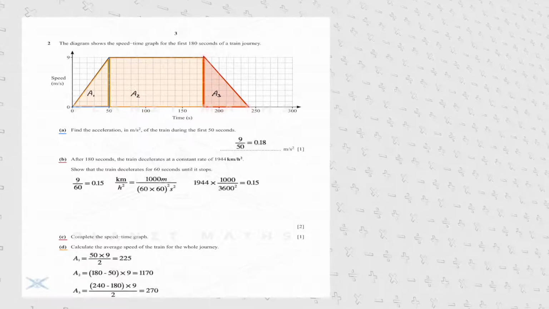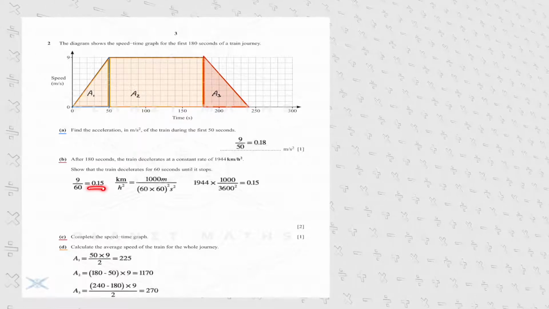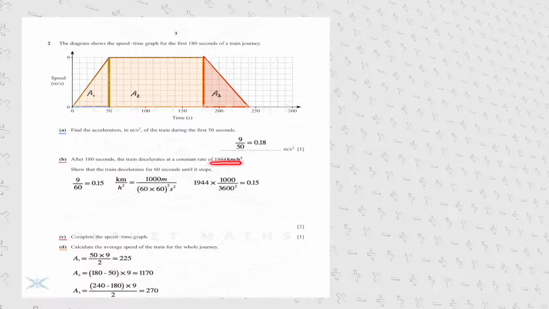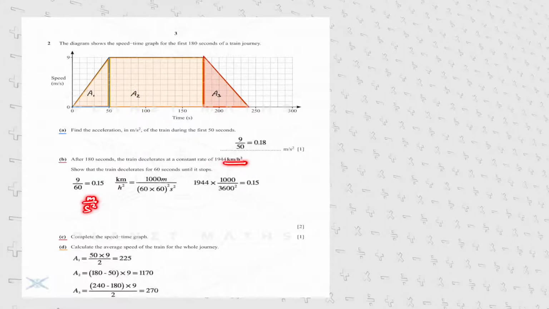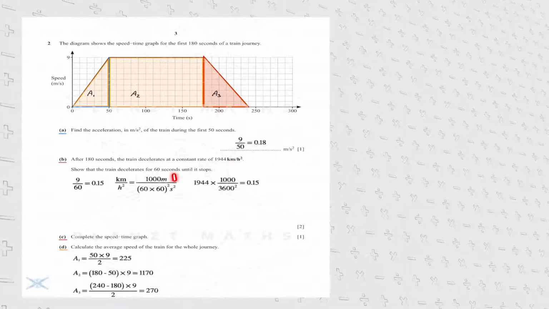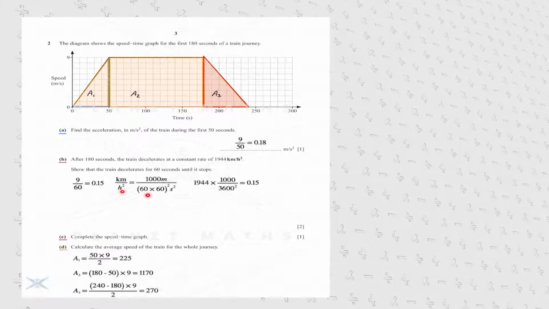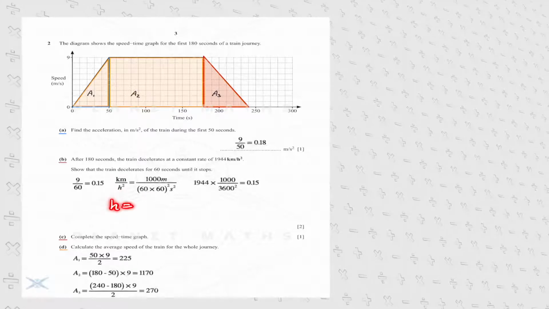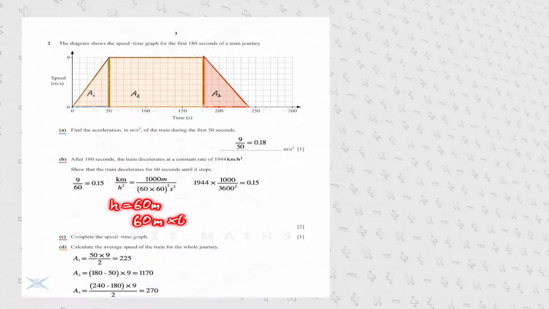So we divide 9 by 60, receiving the result 0.15 meters per second squared. What we need to do now is to translate the meters per second squared into kilometers per hour squared, and we know that 1000 meters are the equivalent of 1 kilometer, and to get from seconds to hours we need to keep in mind that 1 hour consists of 60 minutes and each minute consists of 60 seconds.